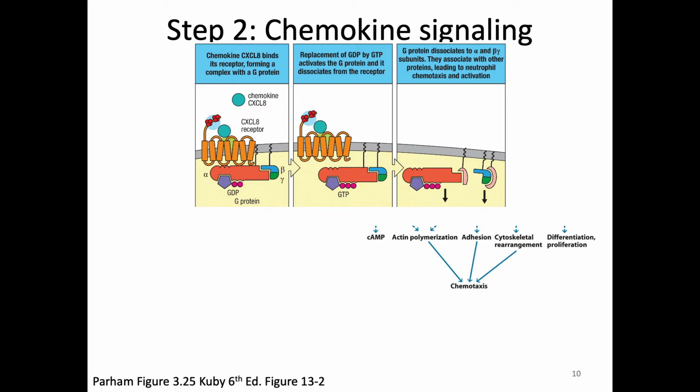So one thing to note is that our chemokine receptor is a G protein coupled receptor that you've heard about from Bio 250. One thing to note is that chemokine receptors can lead to a lot of changes in the cell. So there's some signal transduction stuff, but there's also some changes to the cytoskeleton, and there's also some proliferation, and there's also some adhesion. So a lot of things are happening in this cell as a result of the chemokine.